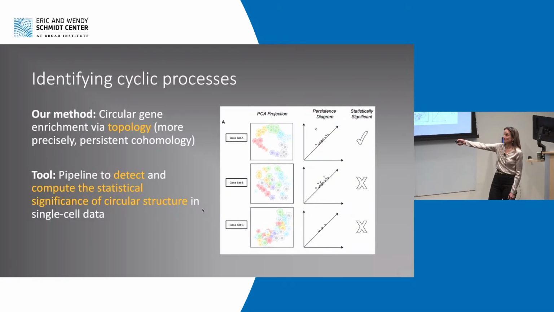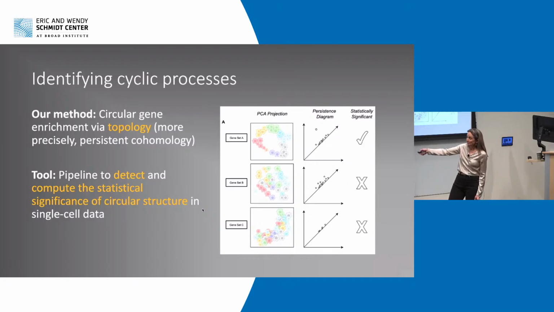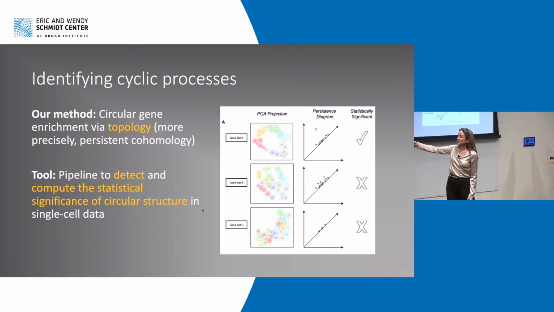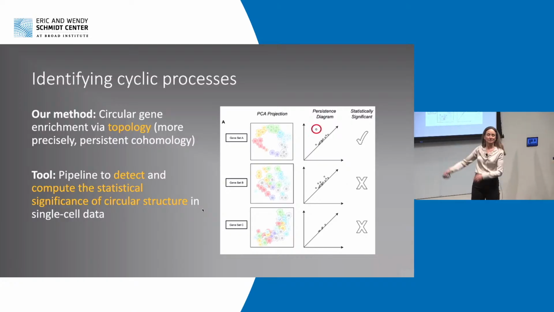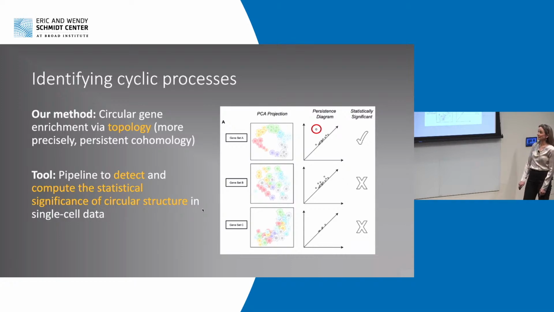The tools we'll be using are from topological data analysis. I'm going to explain these pictures here, but basically we're going to have a signature of the data that looks something like this, which is called a persistence diagram. You see that this point here is pretty far from the diagonal, and that turns out to give us some notion of statistically significant cyclic processes. And I'll explain in more detail how that works.